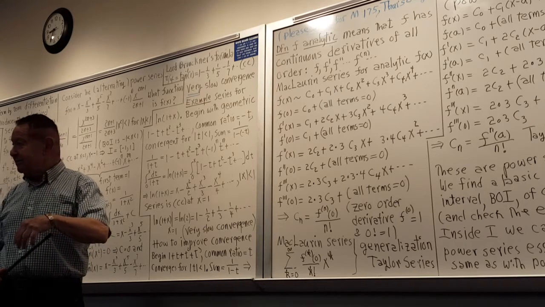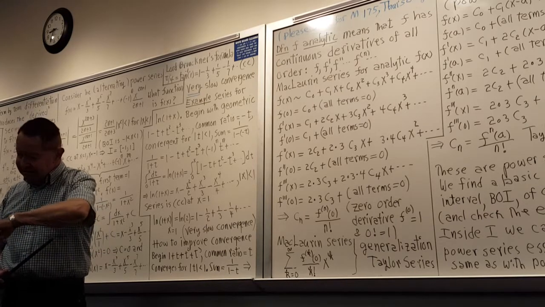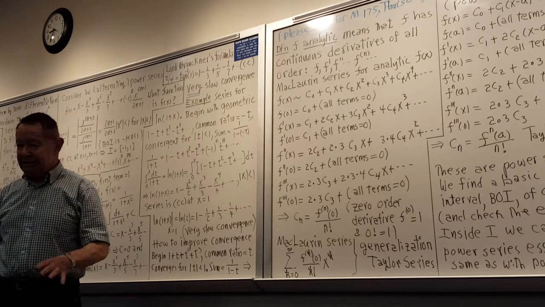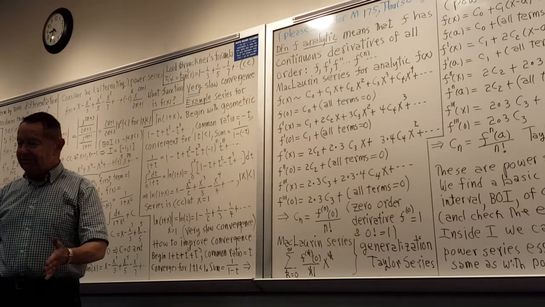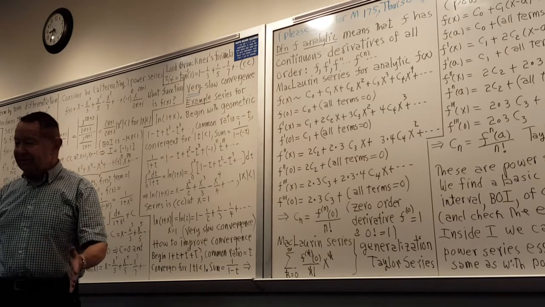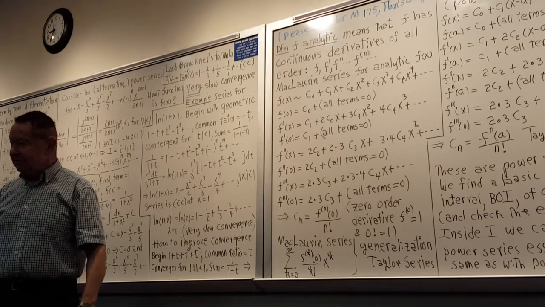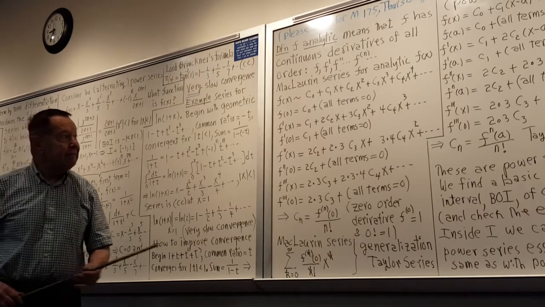The Maclaurin series mathematically is a special case of the Taylor series, but the people introduced the series separately, and so the names still apply.